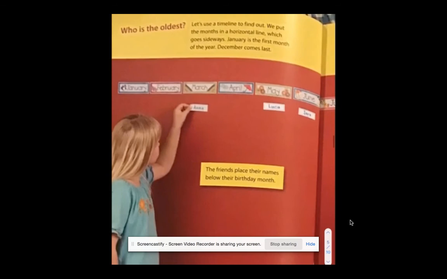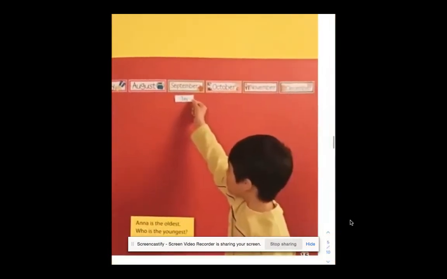Who is the oldest? Let's use a timeline to find out. We put the months in a horizontal line, which goes sideways. January is the first month of the year. December comes last. The friends place their names below their birthday month. Anna is the oldest. Who is the youngest?